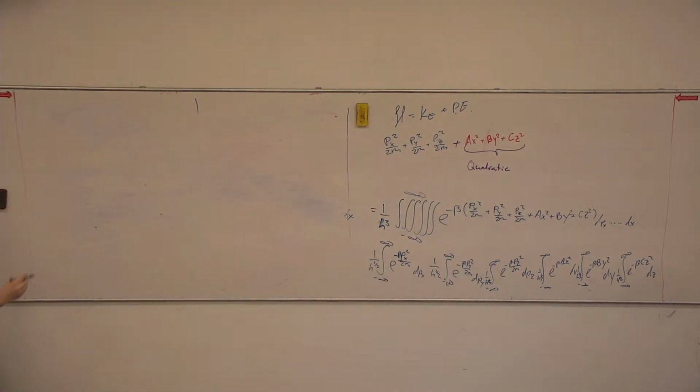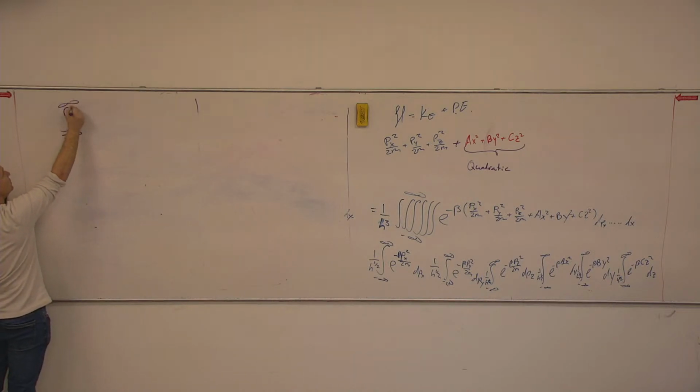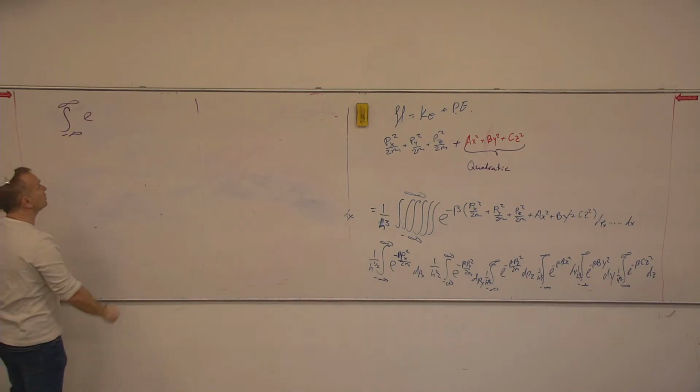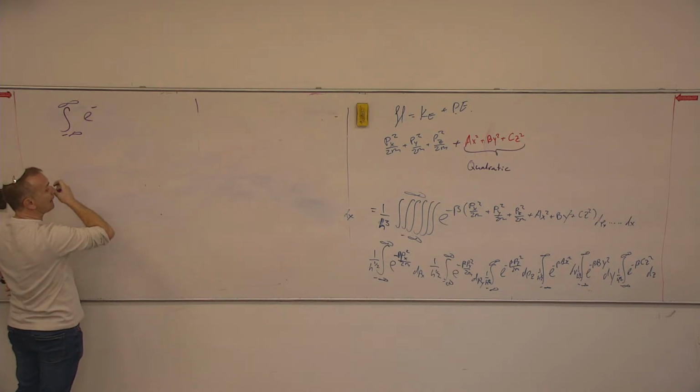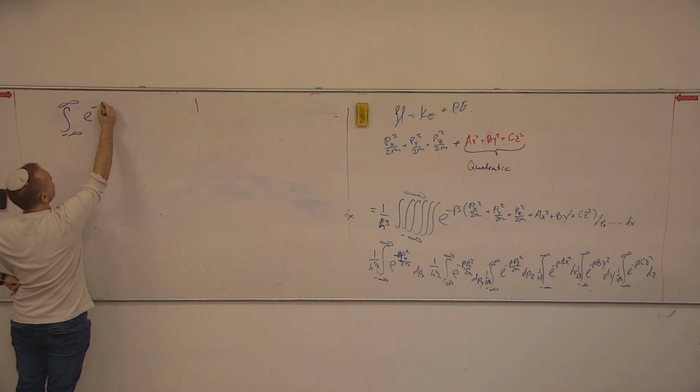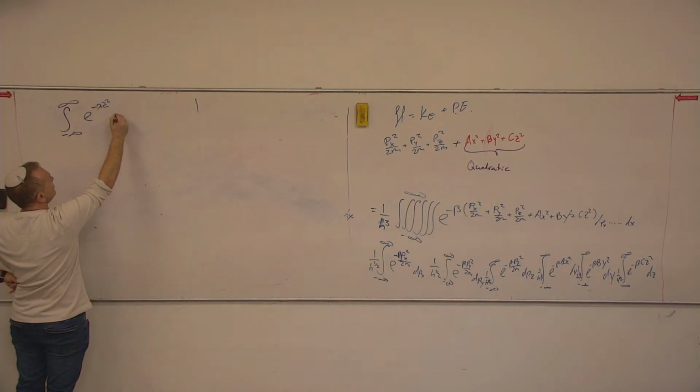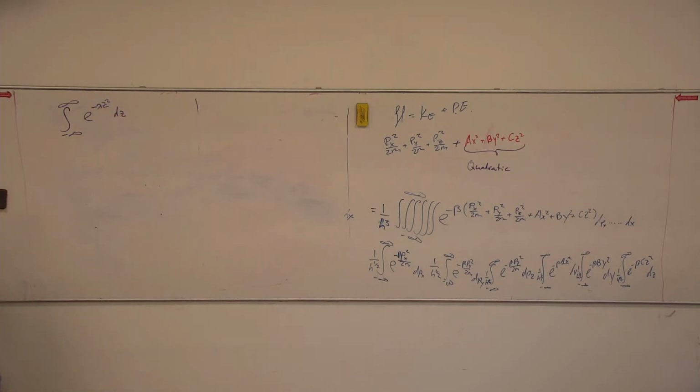So let's look at an integral from minus infinity to infinity of e to the power minus lambda z squared dz. Okay, so this is the Gaussian integral.